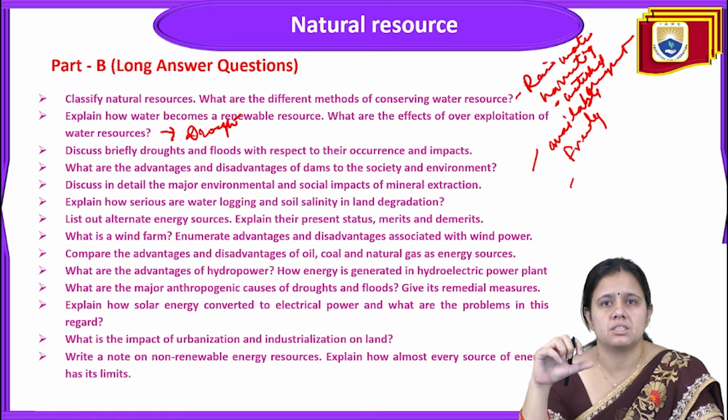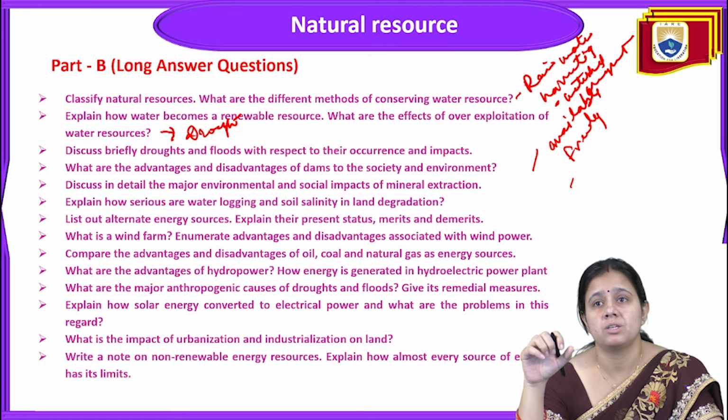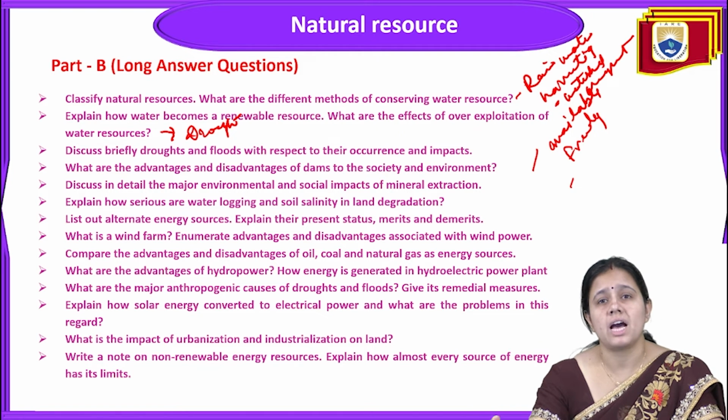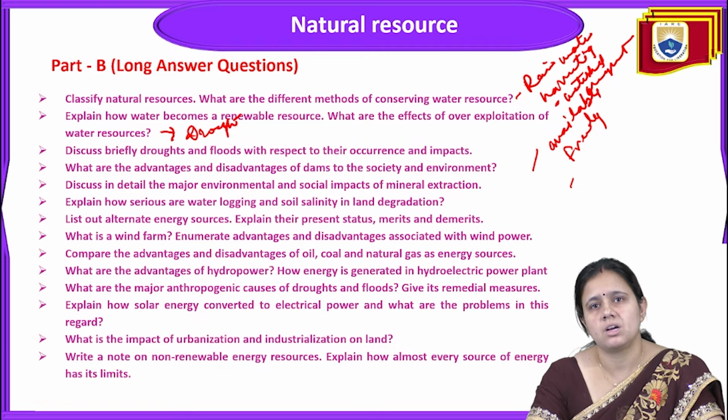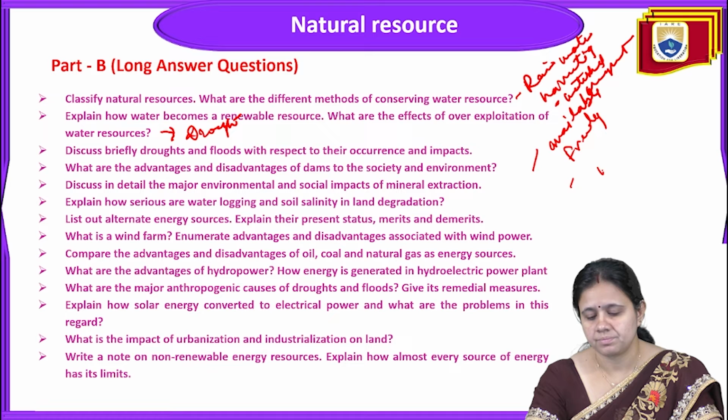Now next is: discuss briefly droughts and floods with respect to their occurrence and impacts. Drought, as we know, we can define as a dry area of any place, where the rainfall will be very less, and due to no rainfall, there is water scarcity.